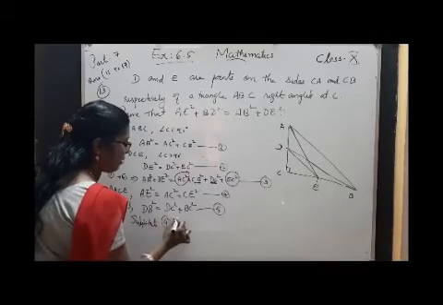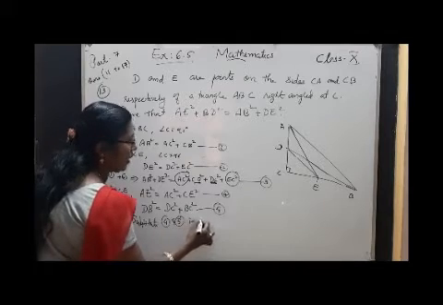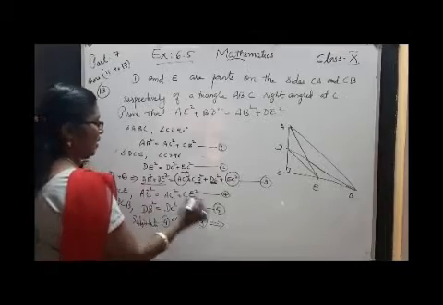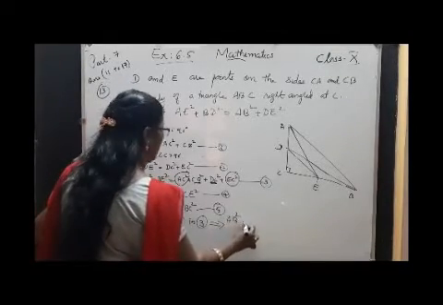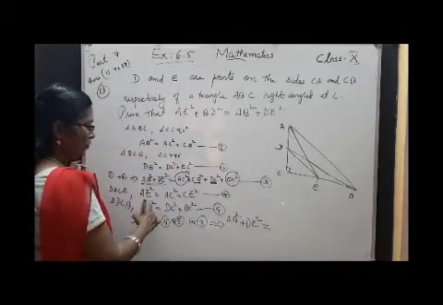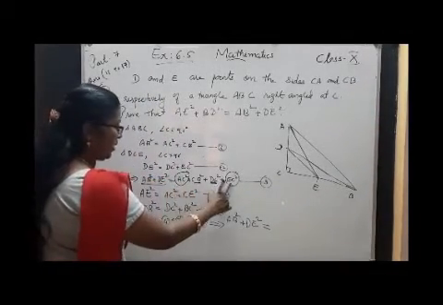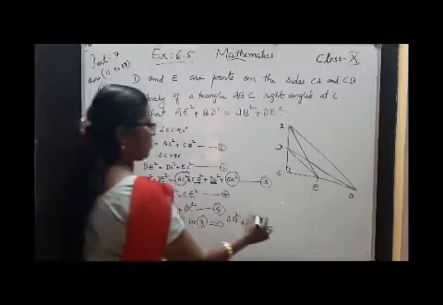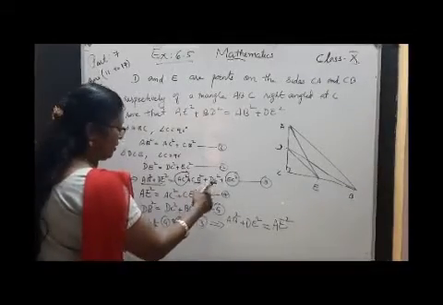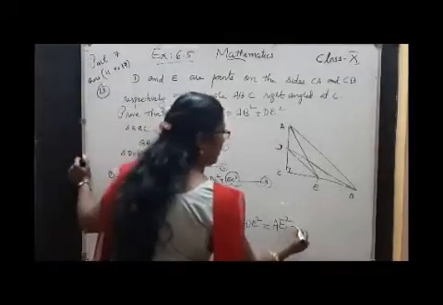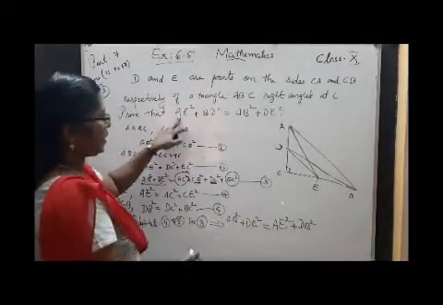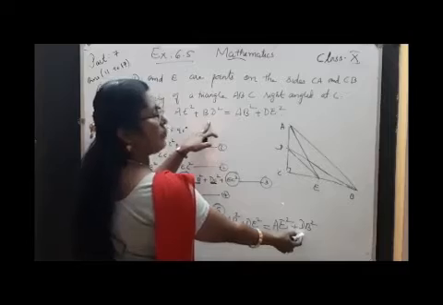So, substituting equations 4 and 5 in equation 3, the left side is AB square plus DE square, that is equal to, instead of AC square plus CE square, AE square, and the remaining BC square plus DC square as DB square. AE square plus DB square, BD and DB are the same.